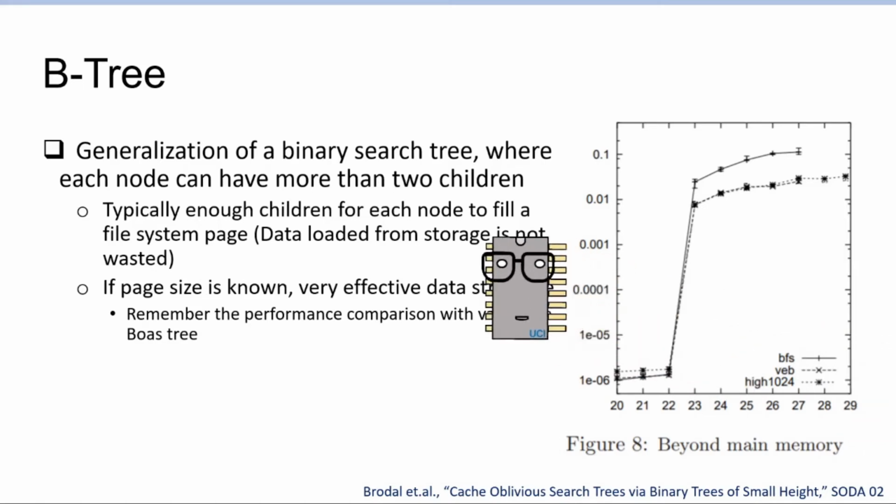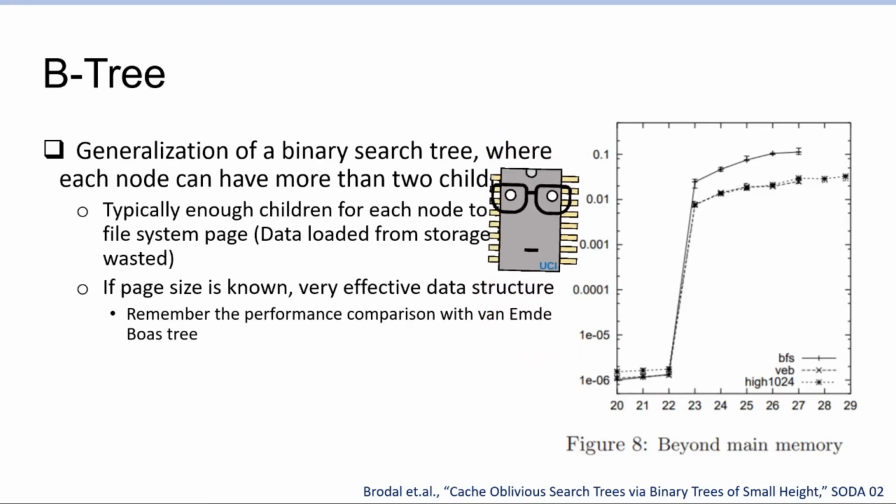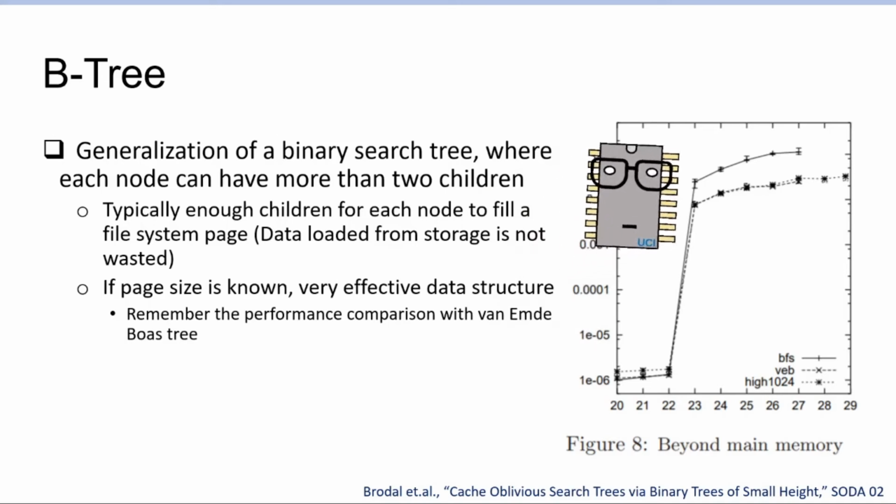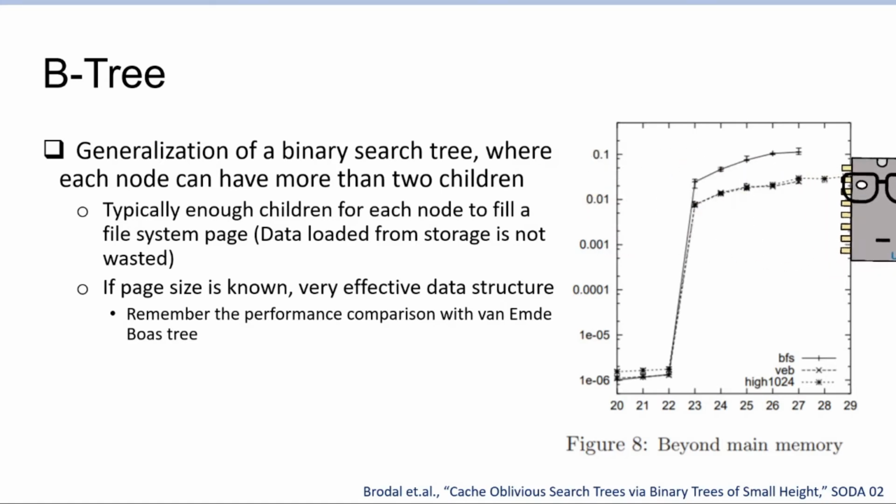So this is the same chart I showed for the cache oblivious topic. The y-axis is elapsed time in logarithmic scale, exponential scale. The topmost line is binary tree, and the two bars below are the cache oblivious van Emde Boas and a B tree with 1024 elements per block, per node.